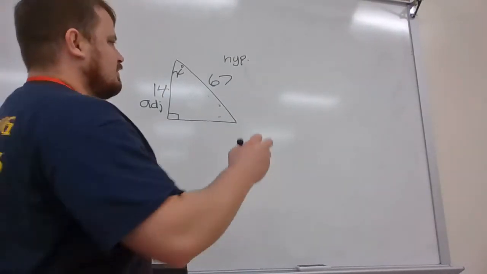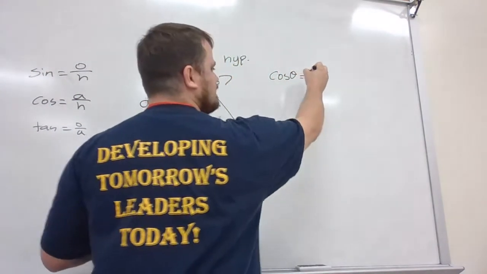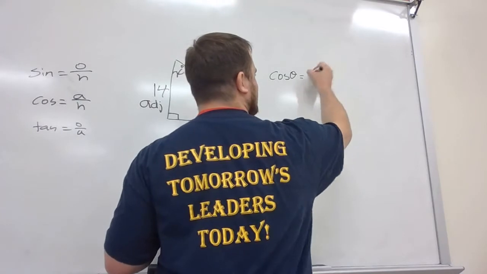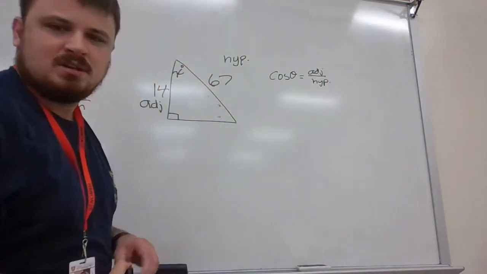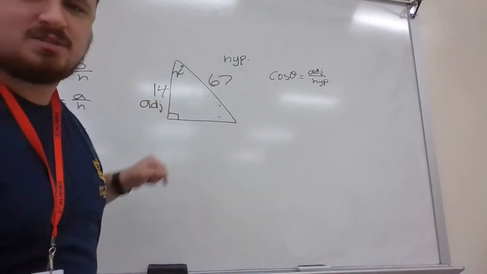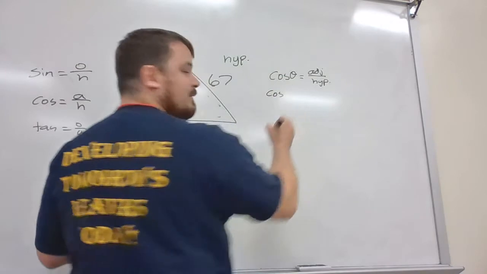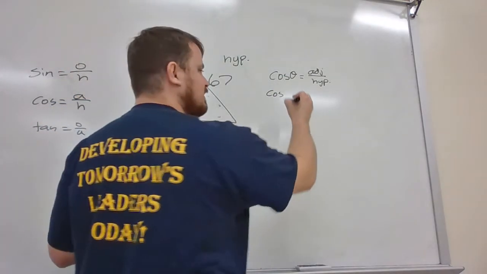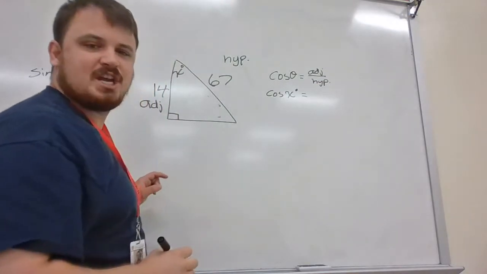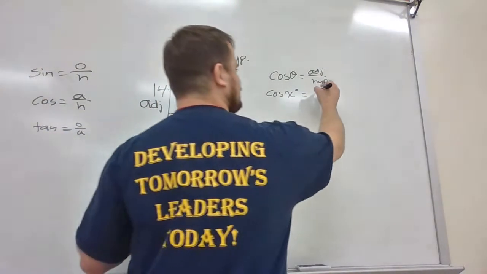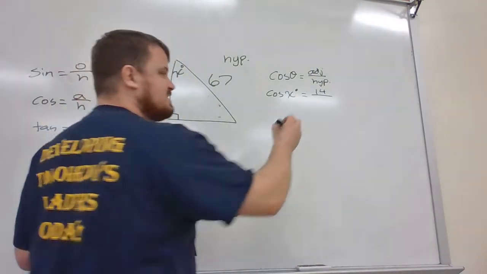So let's set it up. It's going to be cosine, whatever our angle is, adjacent over hypotenuse. So see that when I'm setting up cosine, angle is adjacent over hypotenuse. Let's plug in everything. So it's cosine, our angle right now is just x degrees, equals adjacent, which is 14, over hypotenuse, which is 67.